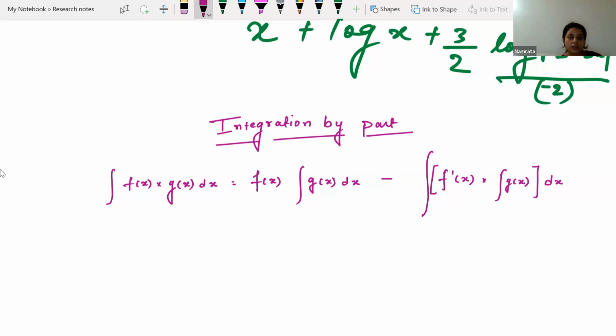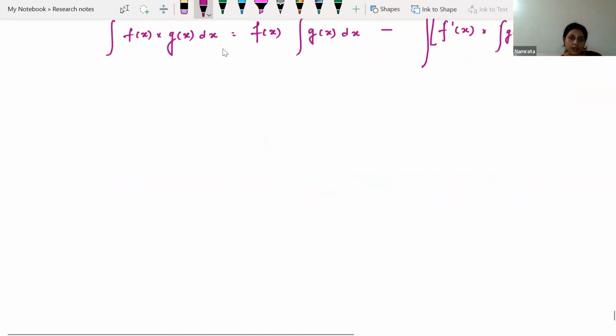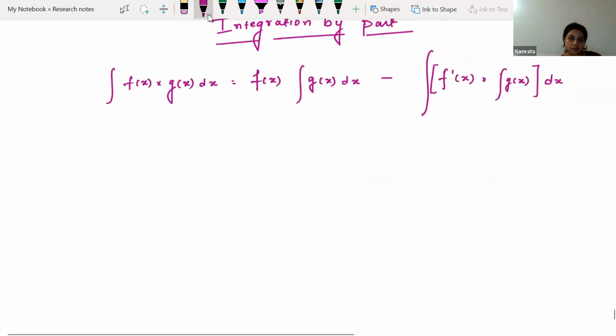Okay, here if I'm taking one question as one very simple example, let's say I am going to take integration of x cos x dx. Then according to the above rule, we can do the integration directly by using the given formula.